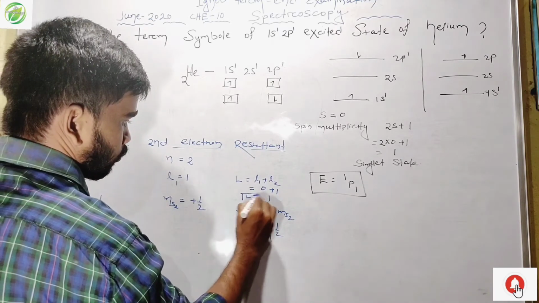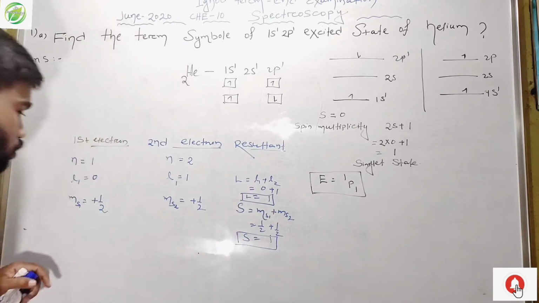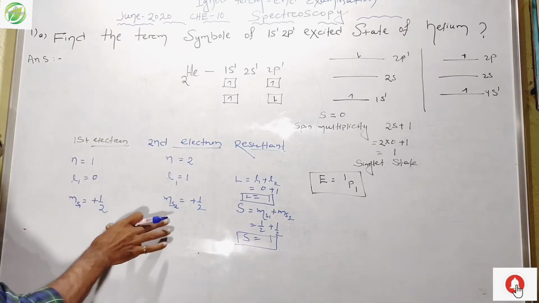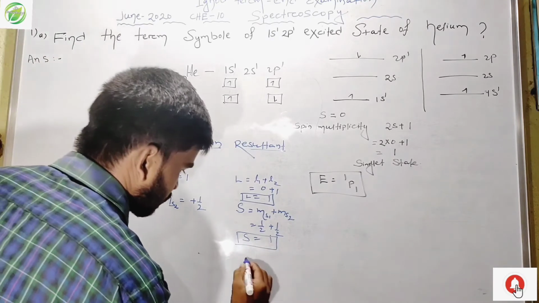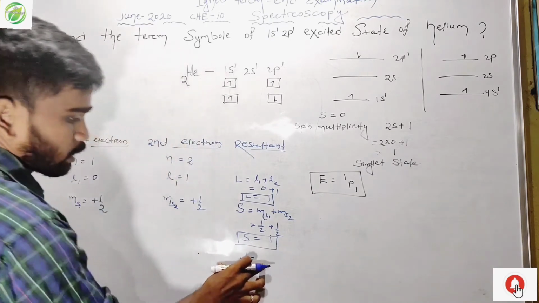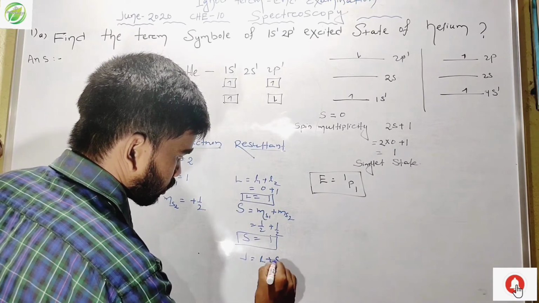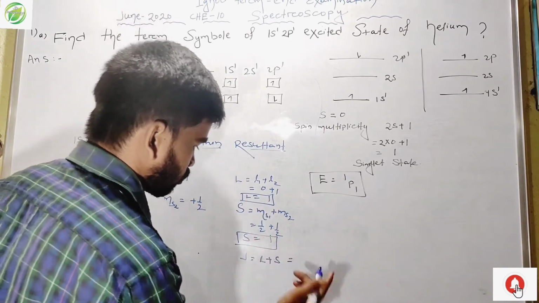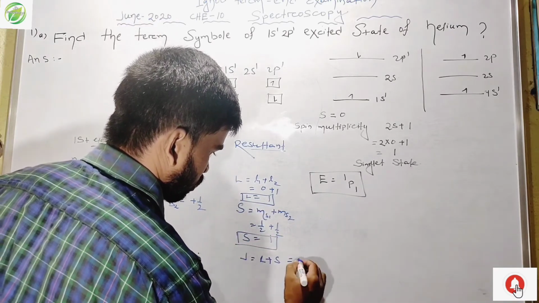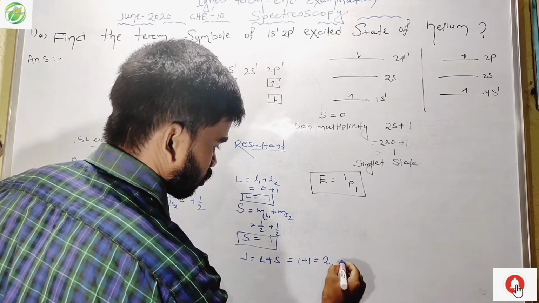This is the L value, this is the S value. For these two electrons, the resultant J value, the total angular quantum number, is L plus S, where L is equal to 1 and S is equal to 1. We put 1 plus 1 is equal to 2.